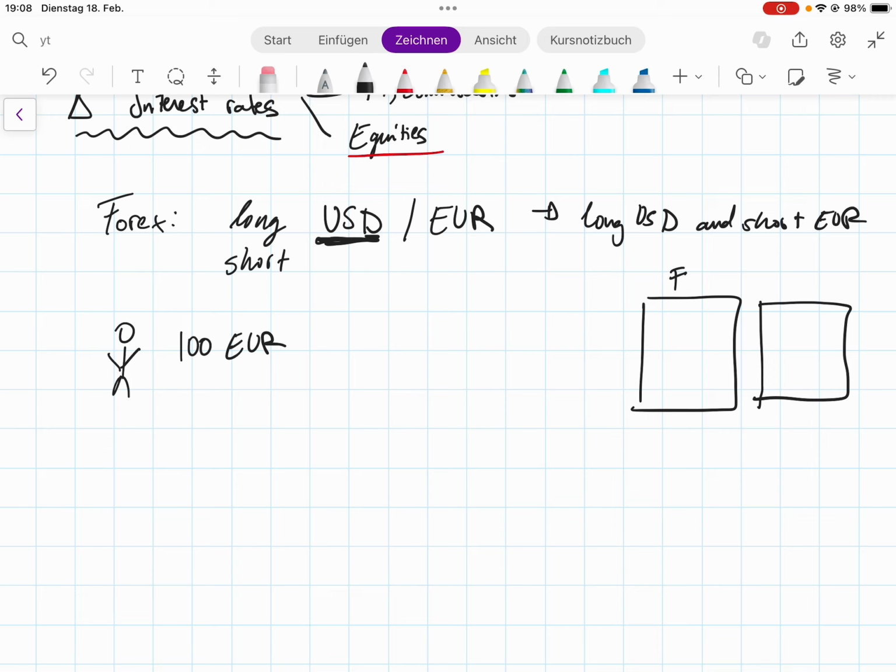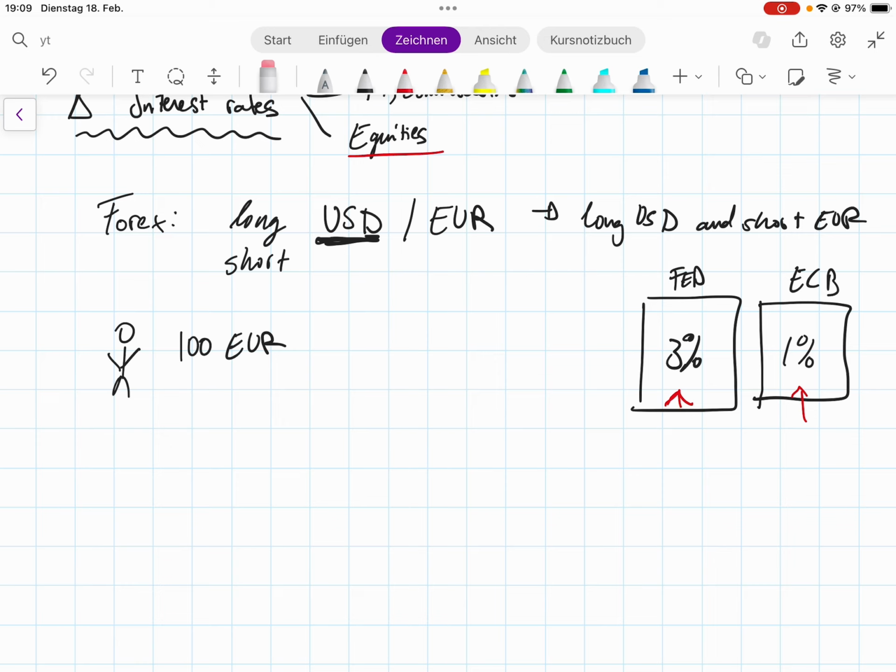He can either invest in the Fed, in American banks, which are regulated by the Fed interest rates, let's say, and they currently have an interest rate of 3%, and the European Central Bank is currently giving out an interest rate of 1%. So Mr. Tom has two options. He can either transfer his money to US dollars and invest in the Fed, or keep his money in euros and put it in the European Central Bank.